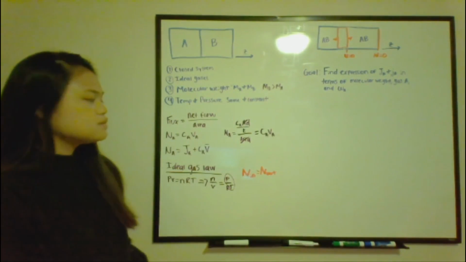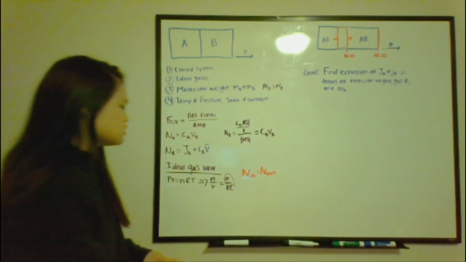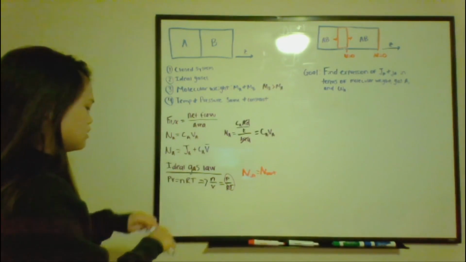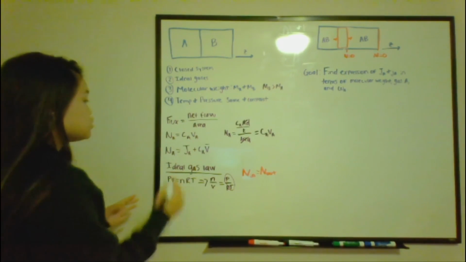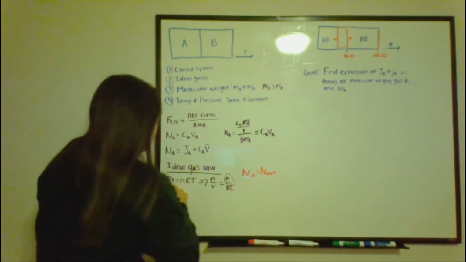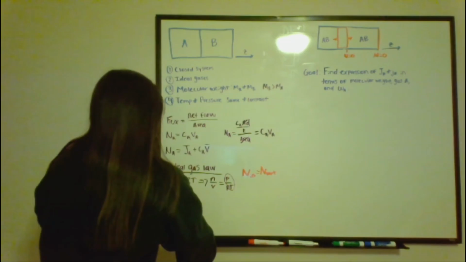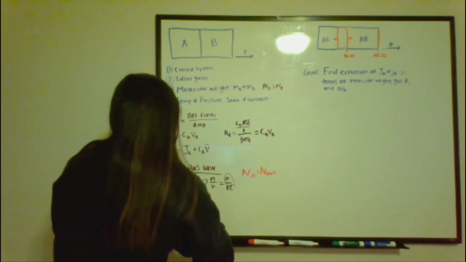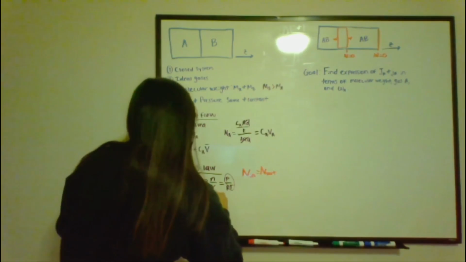Okay, so how do we get from moles to mass? Well, to get from moles to mass, you just do moles times the molecular weight to equal mass.